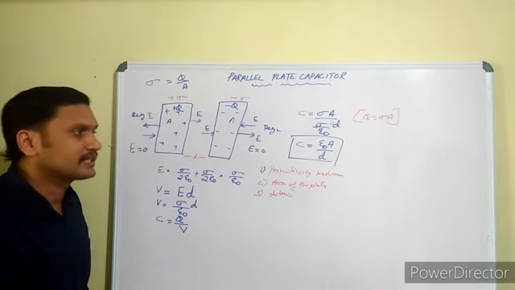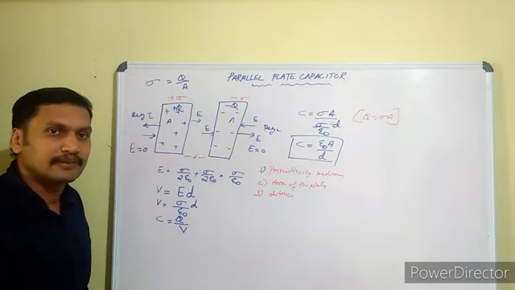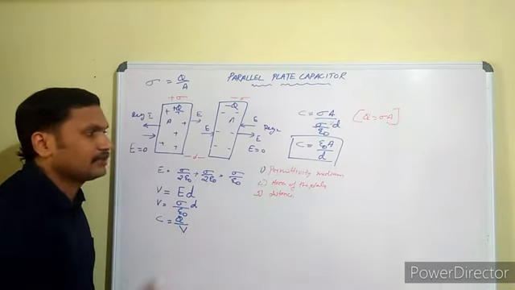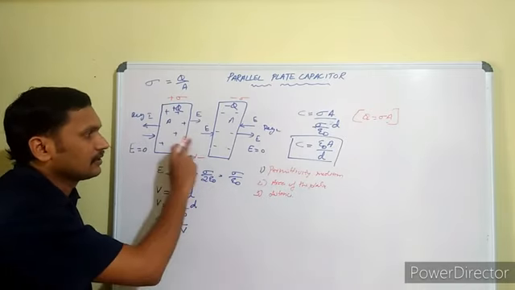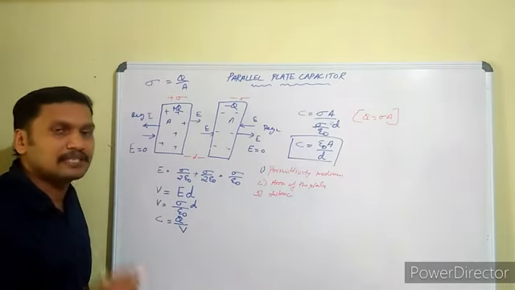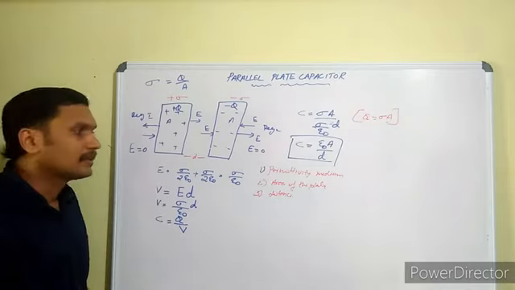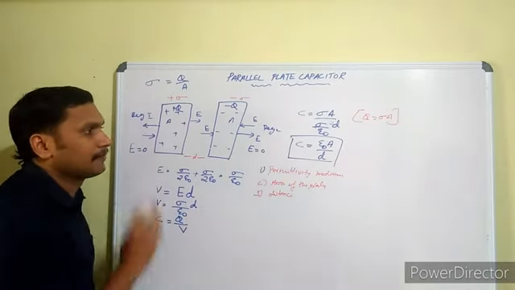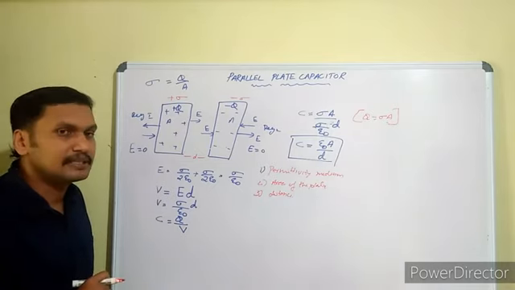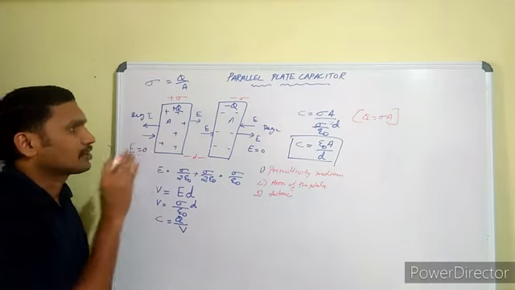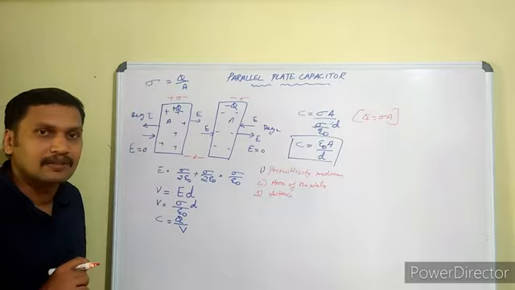So these are the three factors affecting the capacitance of a parallel plate capacitor: the permittivity of the medium between the plates, the area of the plates, and the distance between the plates. So the capacitance of a parallel plate capacitor is C is equal to epsilon 0 A by D, and it is the most widely used capacitor, a parallel plate capacitor. Okay, thank you.